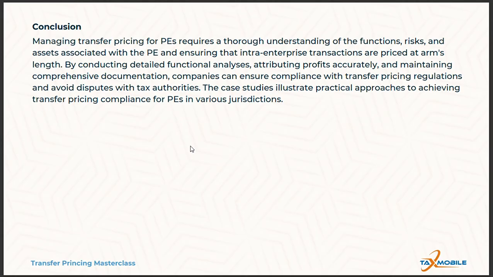Through detailed functional analysis, accurate profit attribution based on the authorized OECD approach, and the maintenance of comprehensive documentation, companies can ensure compliance with transfer pricing regulations and avoid tax disputes with authorities.